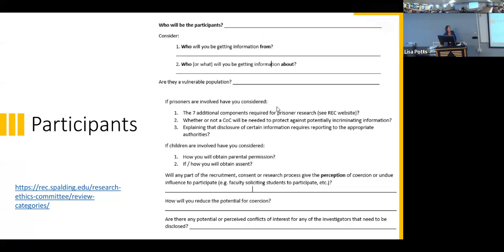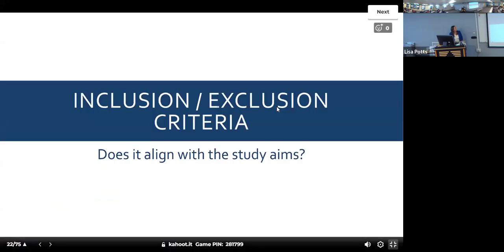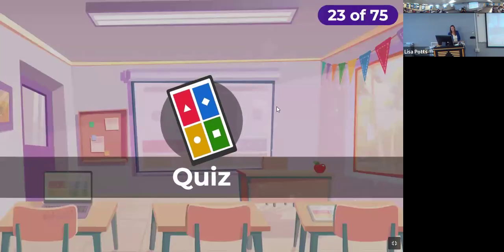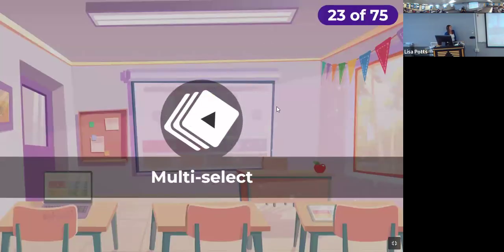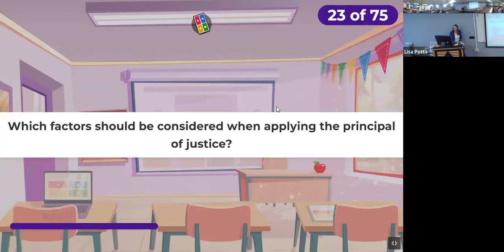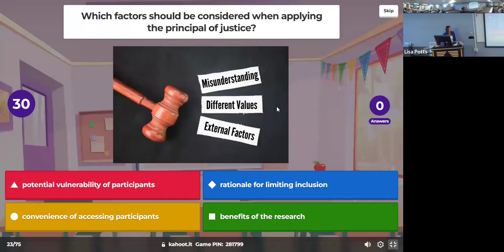Is there going to be any potential coercion or undue influence related to your procedures or the actual questions you want to answer? So basically, think about inclusion and exclusion criteria. Does that align with things? So what does this look like? There are some proposed things you can think of.